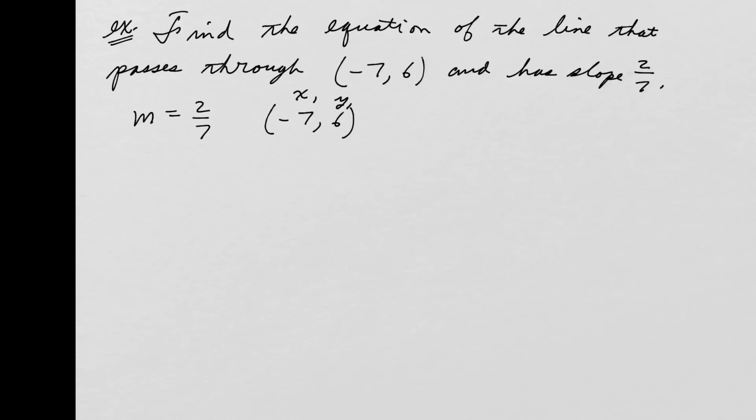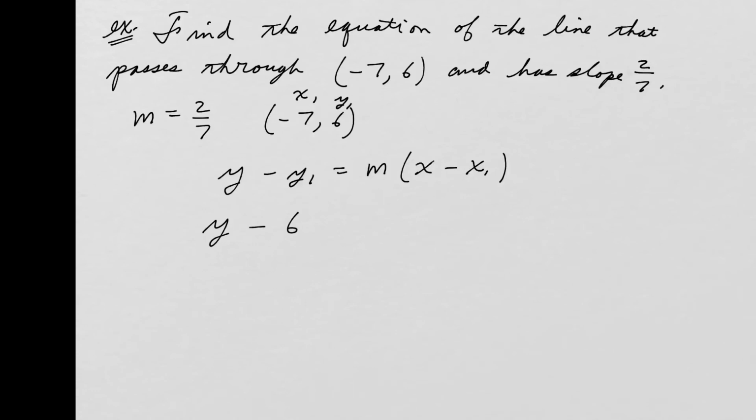Now we can use the point-slope formula to find the equation of the line. Remember that it says y minus y1 has to equal m times x minus x1. If I plug everything in, y remains y.